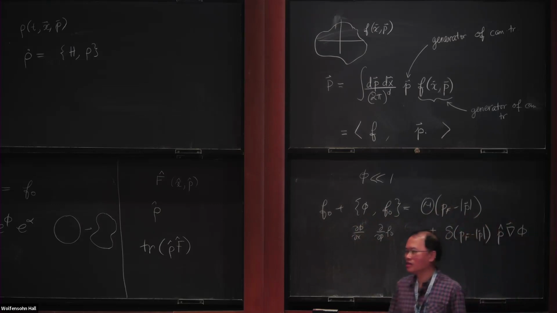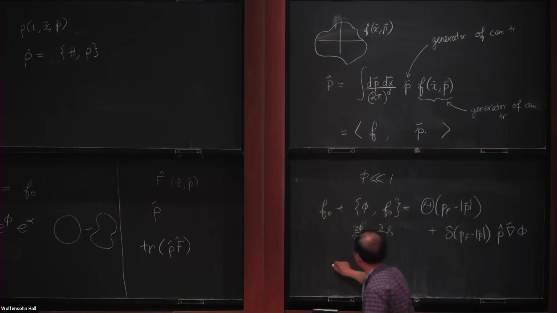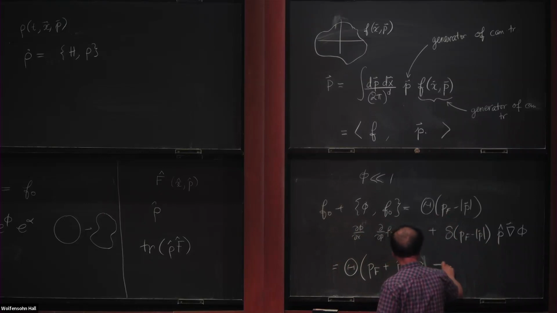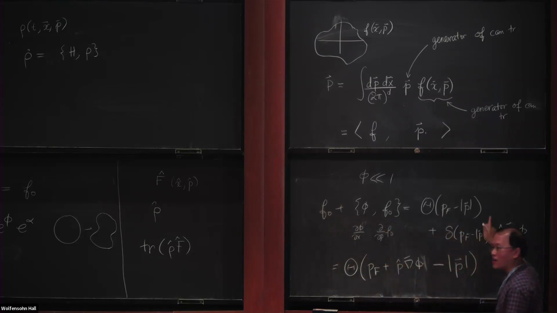It looks like we do not get a theta function, but actually this can be thought of as a linear expansion of the following theta function: p_F plus p hat dot grad phi minus absolute value of p. p hat is the direction of p, a vector pointing in the direction of p.